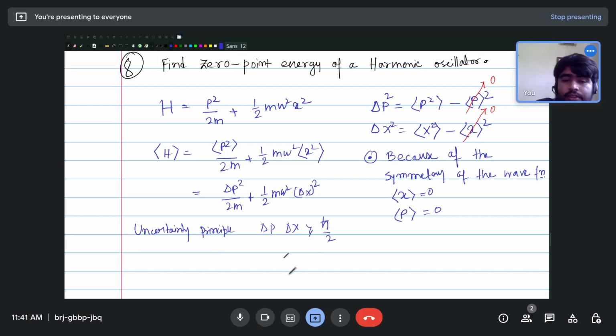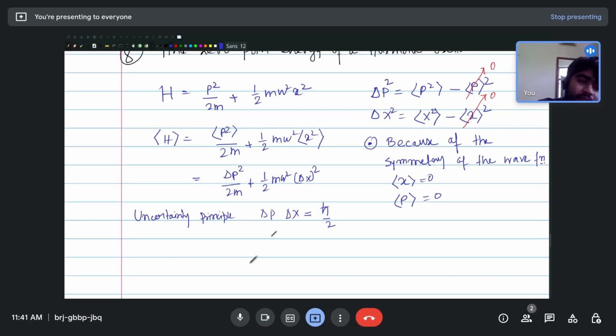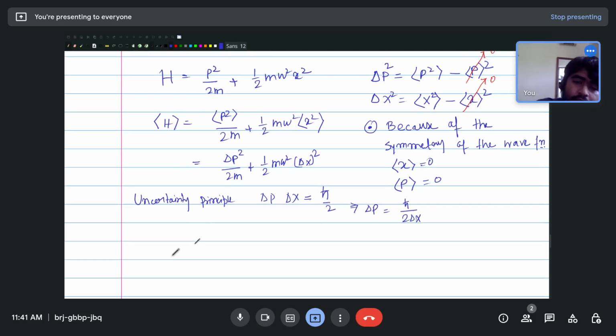So we'll be taking the equality here, the lower bound of this inequality, and we'll be using this to substitute delta p as h bar by 2 delta x. Okay, so then the expression has only delta x square, and it becomes 2m by h bar square by 4 delta x square, and there is the rest of the part.